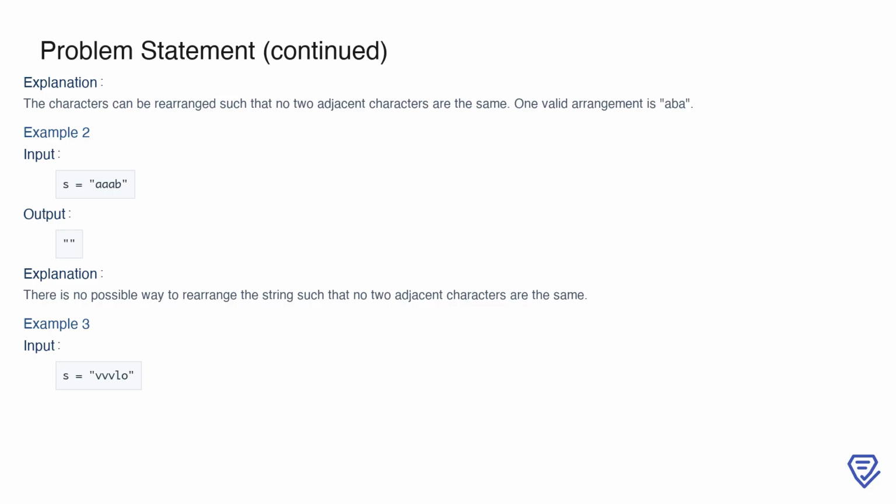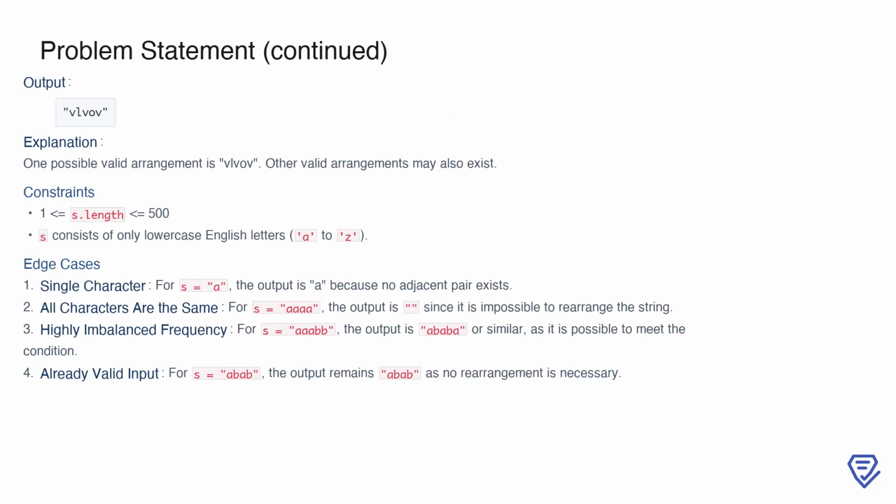the input string. Furthermore, the problem provides some constraints and edge cases to consider. The length of the string S is between 1 and 500, and it contains only lowercase English letters. For edge cases, if the input is a single character like A, the output is simply A because there are no adjacent pairs to worry about.